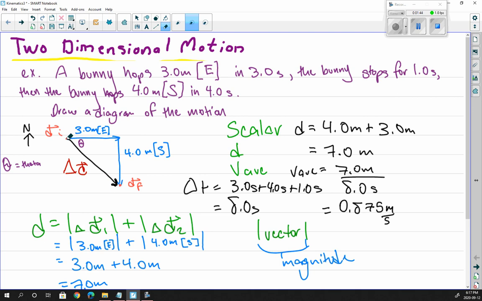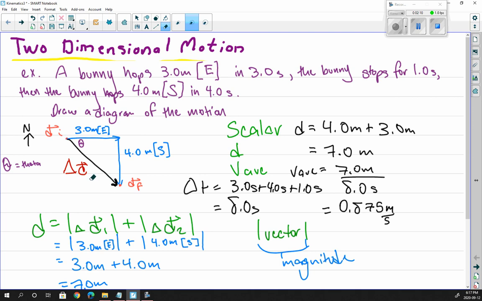So this is showing how far apart the two positions are, and it's also showing a direction. It's not just saying I'm so many meters away from where I started. Follow along the arrow here. It'll show you the direction and how far away you are from where you started. Your position has changed. Displacement, change in position, is represented by this arrow, this vector.